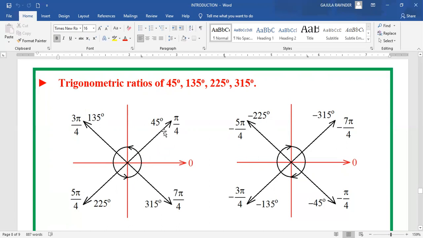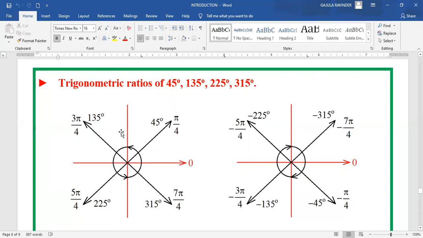If it is positive here, it is negative in this direction. Here sine is positive, here sine is negative. Here cos is negative, here cos is positive. Like that, sine and cos will have opposite signs, whereas tan and cot will have the same sign, along with the same value also. So now I think you got the point of how to write the value.